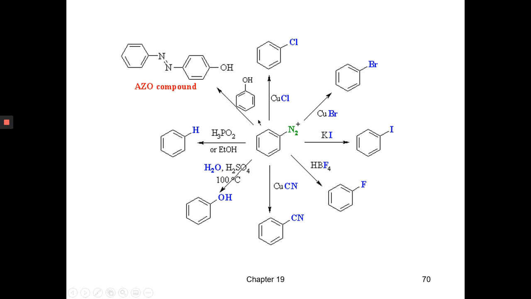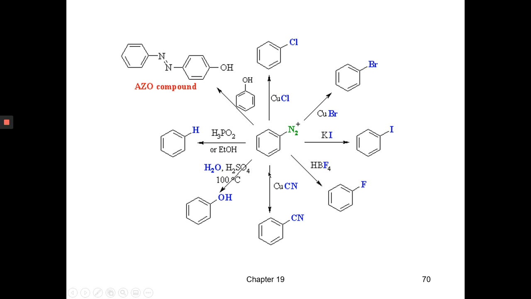If we were to react the diazonium group with tetrafluoroboric acid, HBF4, and heat it, we could get an aryl fluoride. Okay, if you think back to our chapter on aromatic substitution, we didn't have a way of producing aromatic fluorides. Aromatic fluorides are actually very useful in drug synthesis.